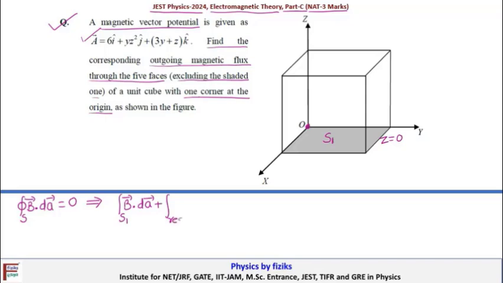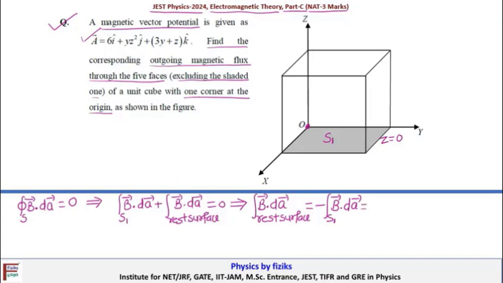I am writing the other surfaces as the rest surface where we have to calculate the flux. So this total is 0, and the flux through the rest surface will be minus of B dot dA through the shaded region.